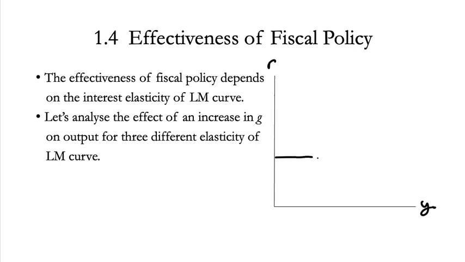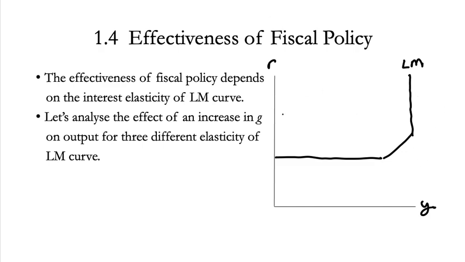Let's say we have 3 different segments of the LM curve. The first segment is a flat segment, the second segment is an upsloping segment, and the third segment is a vertical segment of the LM curve.